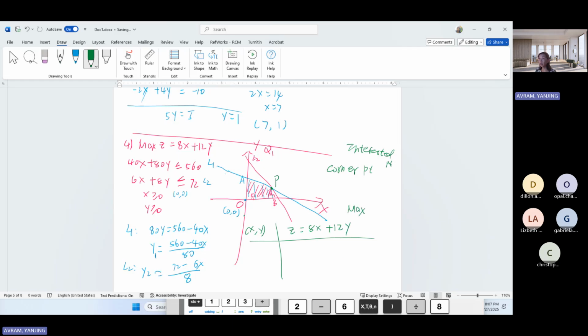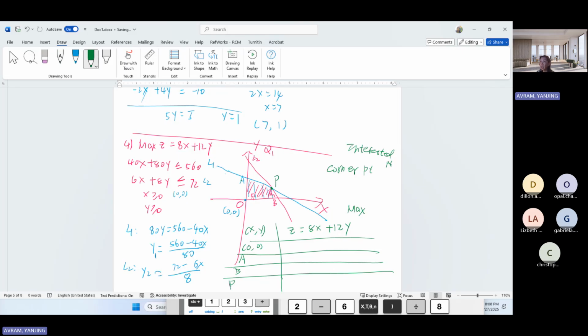And of course, we have this fourth point here, 0 and 0. We also need to include 0 and 0 because if you want to find a minimum, that might be the point. But we want to find a maximum, so this one probably is not the point, but that's okay. We're going to find point A, then point B, and the most important one, point P.